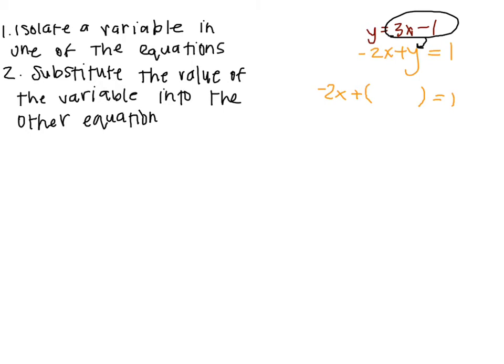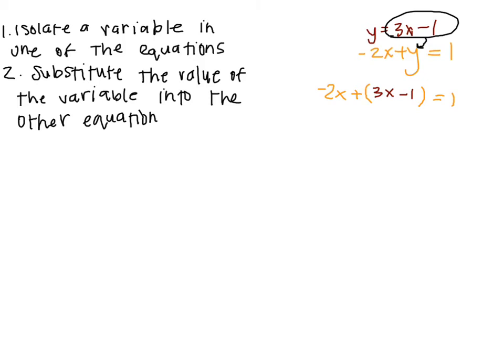Instead of writing y, we're going to replace it with 3x minus 1 because I was told up here that y is also equal to 3x minus 1. I can replace every single y I see with 3x minus 1. The only thing we have to be careful about is making sure we substitute it into parentheses.